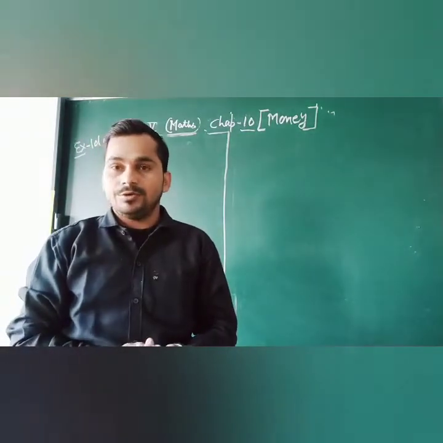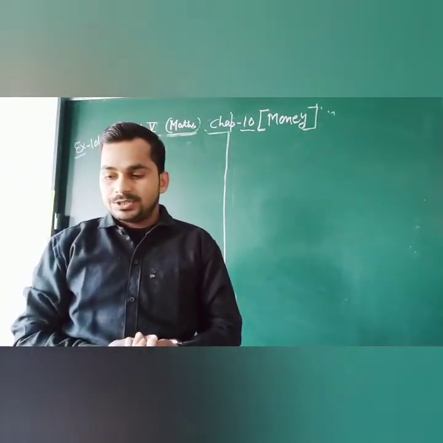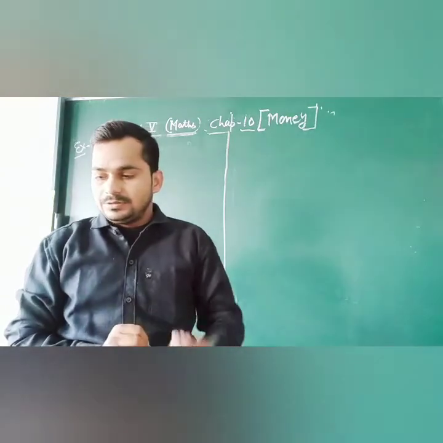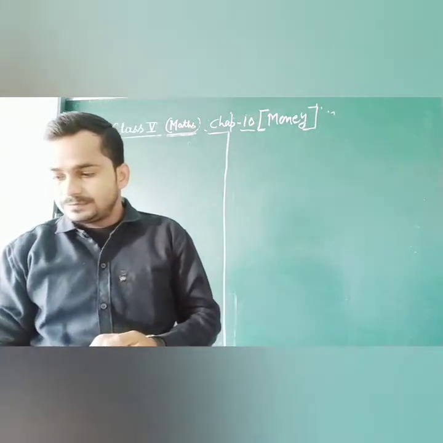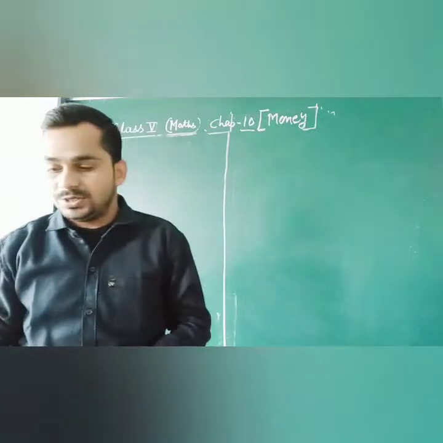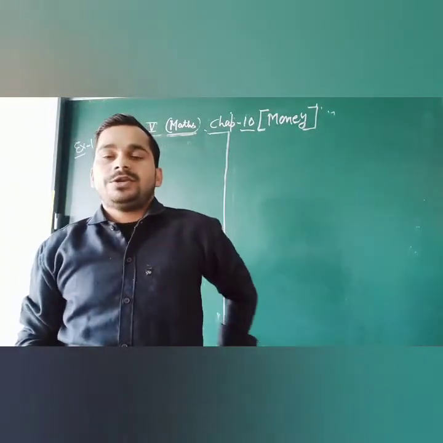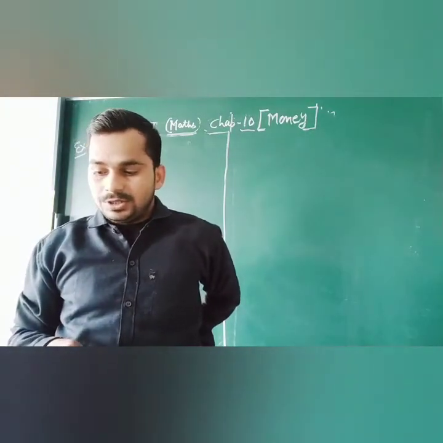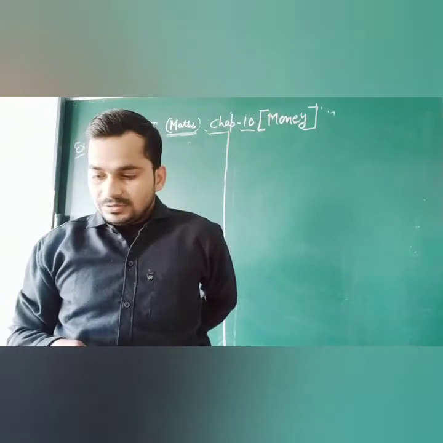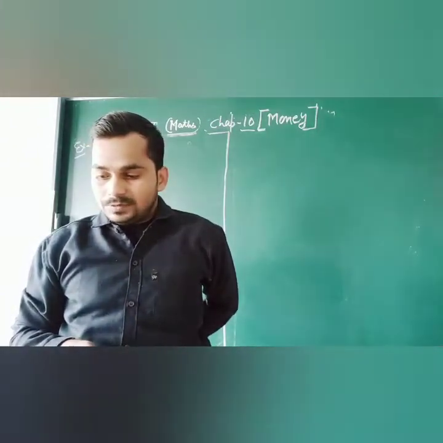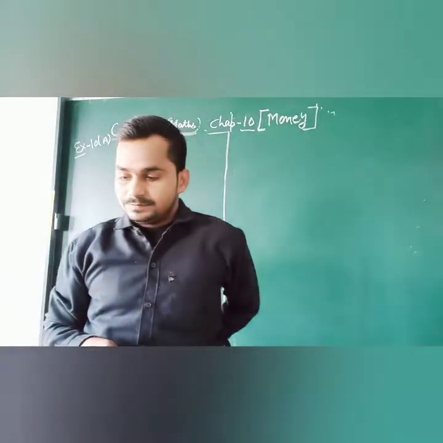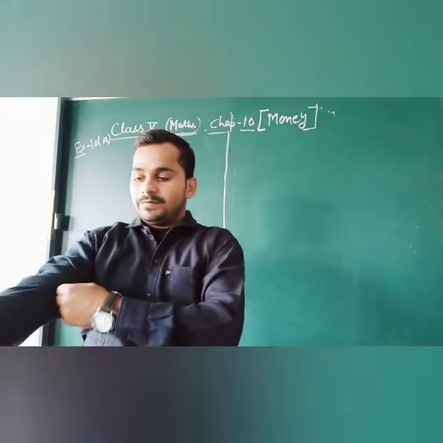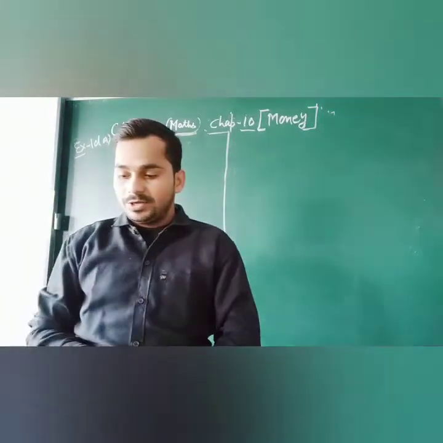Unit, the word unit means a single thing. So the value of the unit quantity is first obtained to find the value of any given quantity of the same type. First we have to find out the value of a single thing. So the basic principle: to find the cost of one item, when the cost of any number of items of the same type is given, we divide.